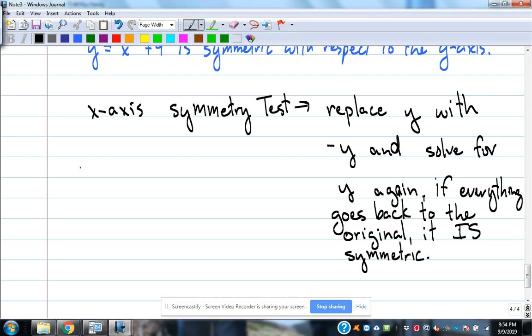So same problem. Let's take y equals x squared plus 4. If I take that and plug in a negative y, and then I try to solve that for y again, that's really negative 1 in front of the y, right? I would divide everybody by negative 1.